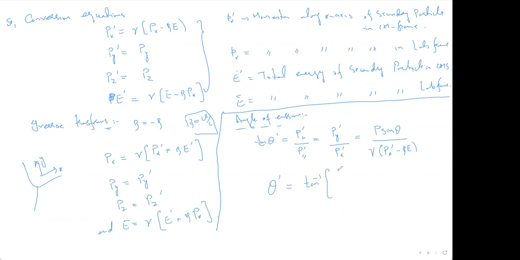You will see जब हम इस पे exercise करेंगे, हम ये सारी चीजें find करेंगे. Angle of emission भी दिया होगा, and we will apply these simple formulas to obtain it. Remember this equation because we are going to use it later on. It is tan inverse of p sine theta divided by gamma (px minus beta e), right? ठीक है?